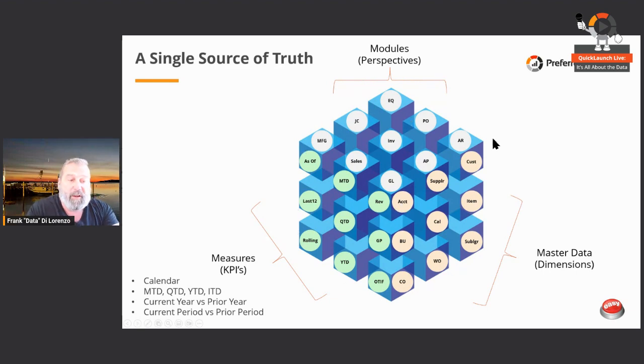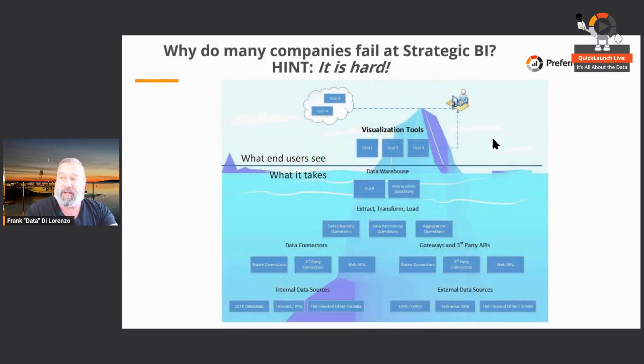So that's my point. Another way to consider this is this, and I know this is a lot of info on here, but what I want to illustrate is if you look at an iceberg, that's the visual to represent this. And this is why do many companies fail at strategic BI? Well, fact is, it's really hard. The tool part's easy. So this would be a Power BI, maybe a Tableau, shoot, even Excel, paginated reports. These are the tools you use.